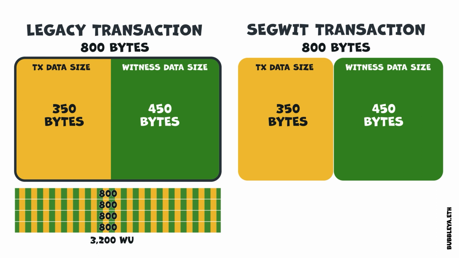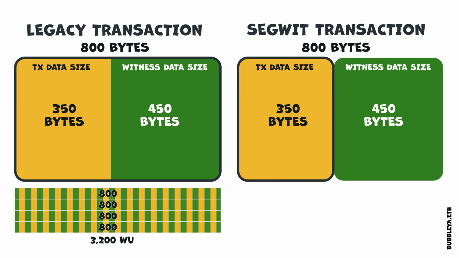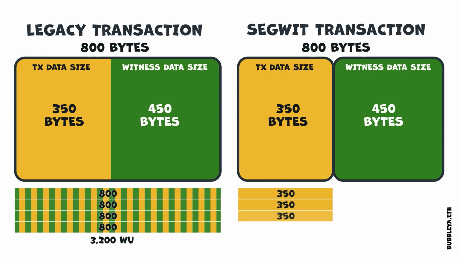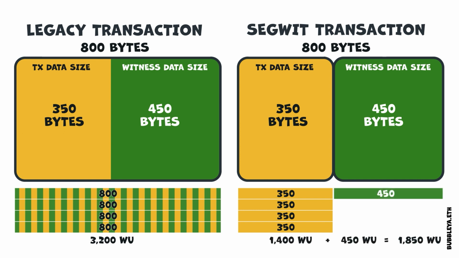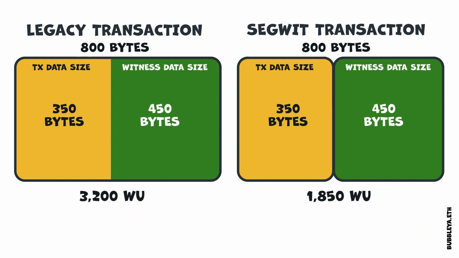In the SegWit transaction, the transaction and witness data have a separate box. Therefore, we calculate the transaction size measured in weight units differently. We multiply the transaction data size, which is 350, by 4, and add the witness data size. The result equals 1,850.